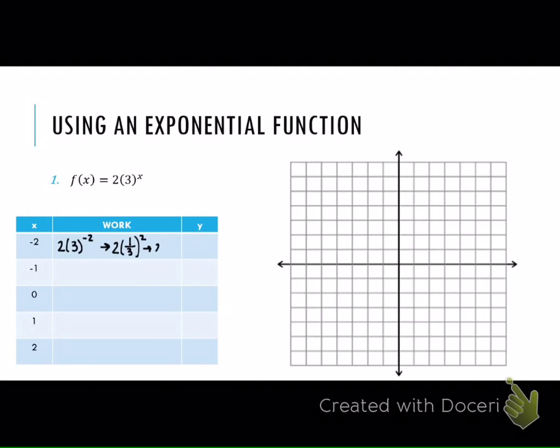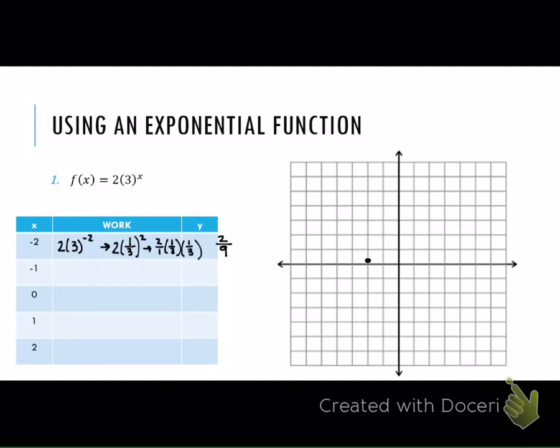So that's 2 times 1/3 times 1/3, with the 2 written as 2 over 1. 2 times 1 is 2, so that's a 2 on top. And 1 times 3 is 3, 3 times 3 is 9. So we have an ordered pair at -2 and 2/9. That's going to be really close down here, so I'm going to plot that point there. I'm going to do different colors for each one so you can see where that's coming from.